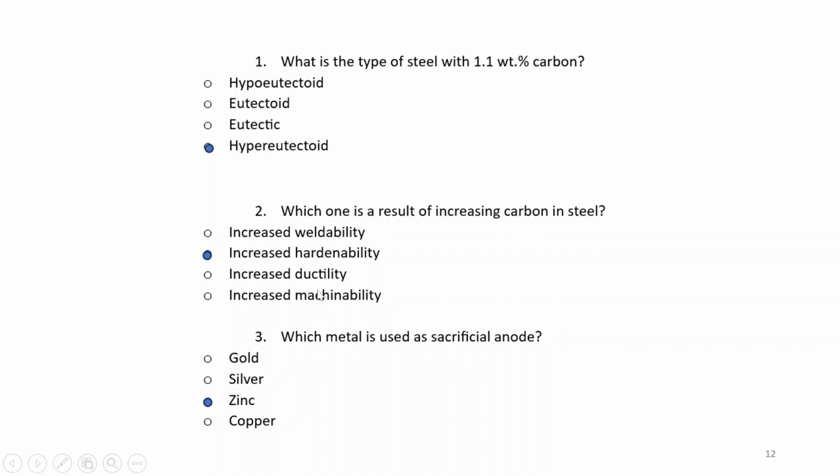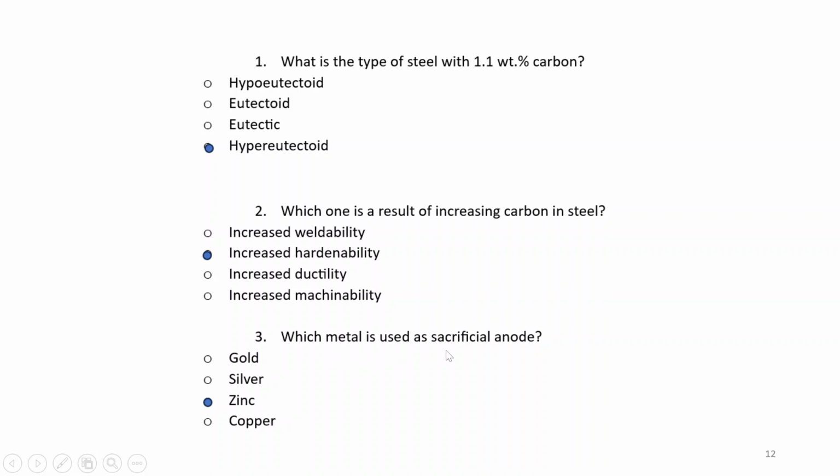Ductility, machinability and weldability will reduce. Weldability and hardenability are always inversely proportional, so that way also you can remember. If you increase hardenability, then weldability will decrease, because if it easily forms martensite, then weldability will deteriorate.